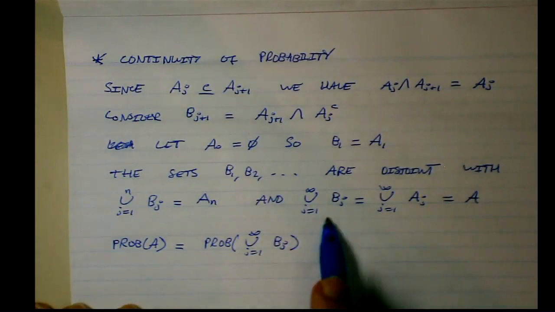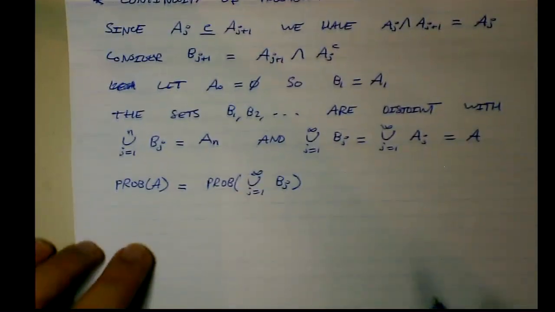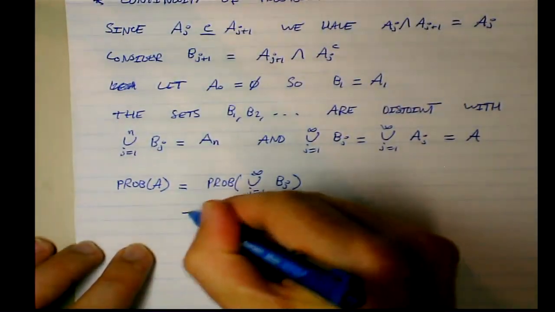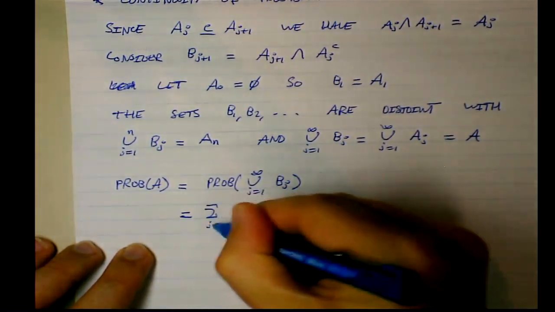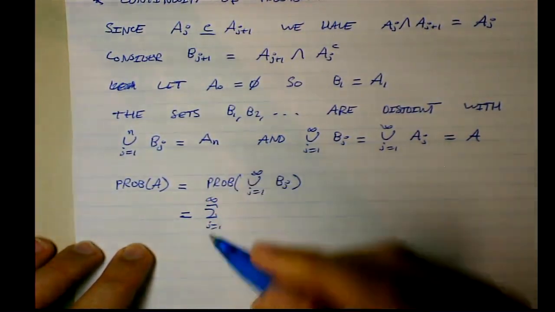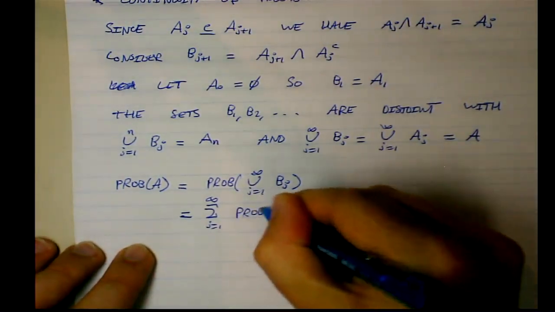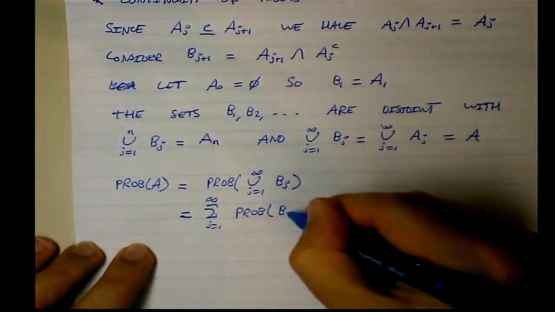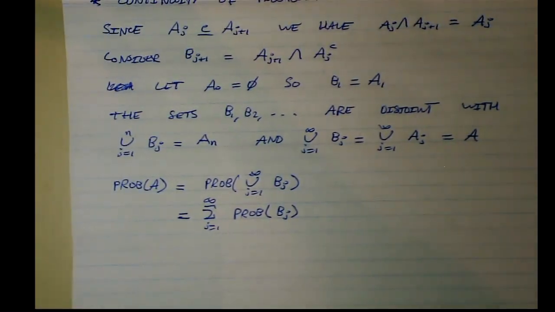The Bj's are disjoint, so that is the sum from j equals 1 to infinity of the probabilities of each Bj. That was the third axiom of probability that we introduced in the last lecture.